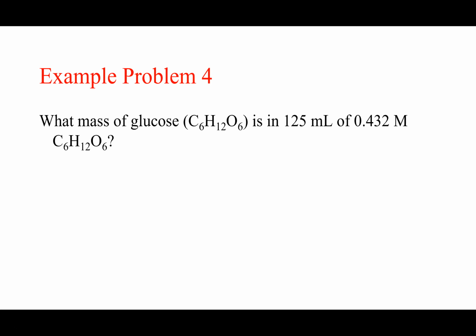They told me the molarity of my solution is, I'm going to unpack that, 0.432, and that would be moles of C6H12O6 per 1 liter of solution. So question mark is grams, question mark mass.